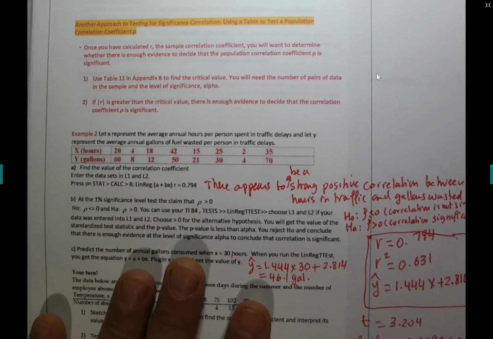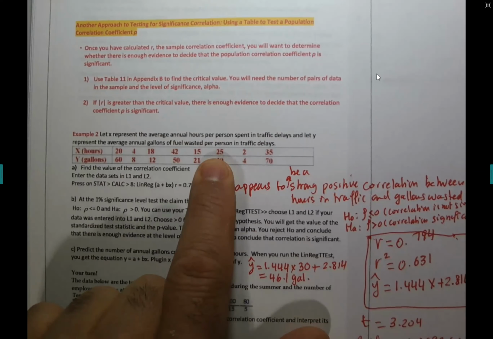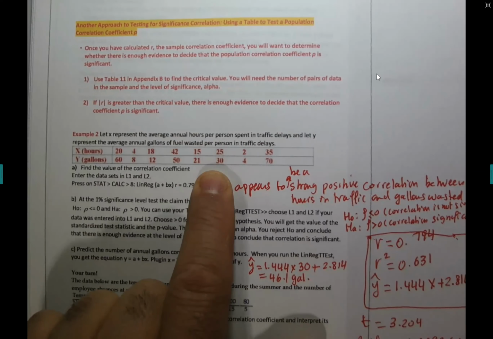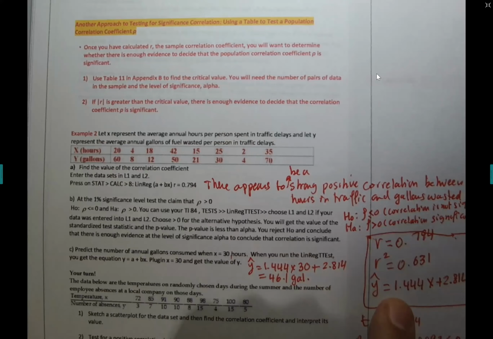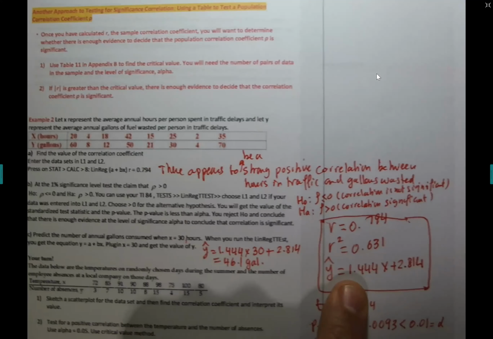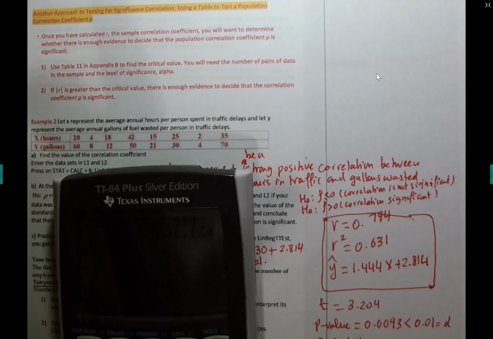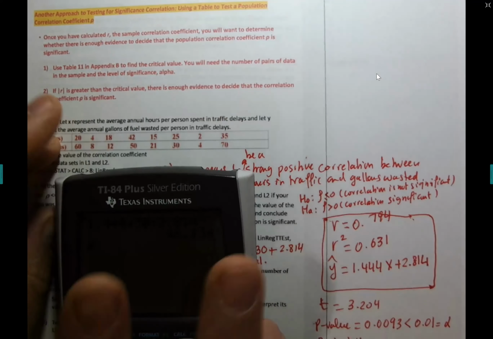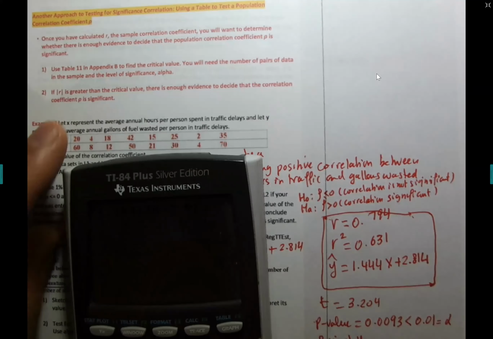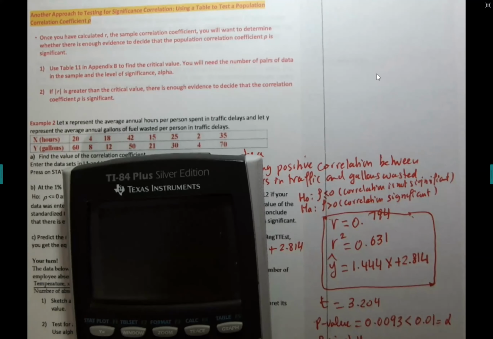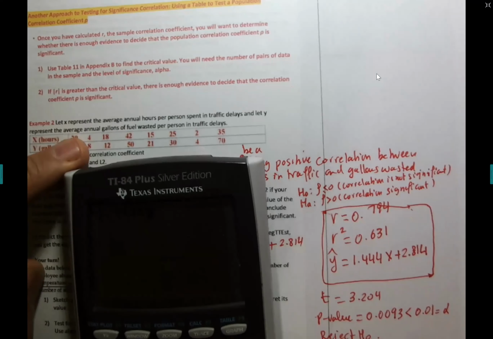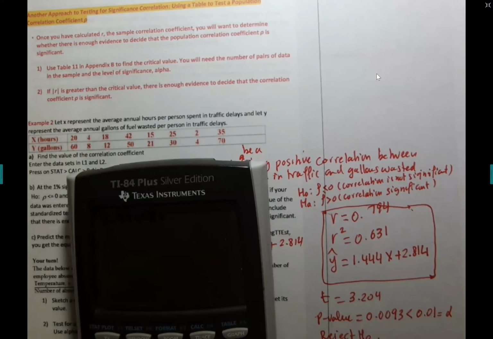For example, we know if someone spends 24 hours in traffic delay, they're gonna waste 30 gallons. Let me see if the equation gives me something similar to this, guys. So let me do that. It might be close, but not exactly 30 gallons. So let's see. 1.444 times, we say how much? 25 hours plus 2.814.